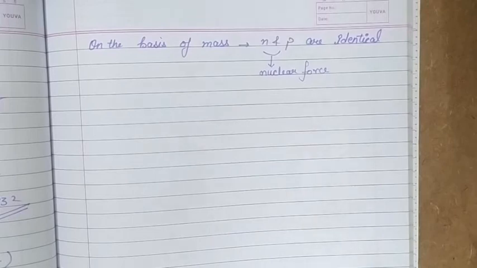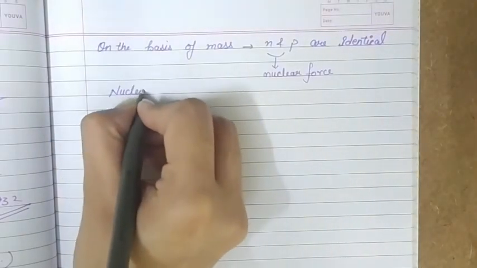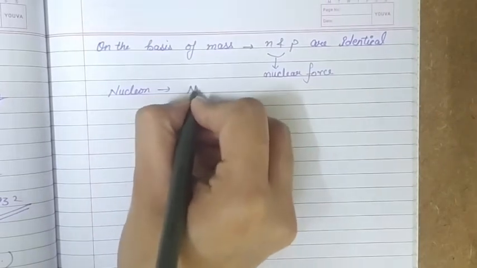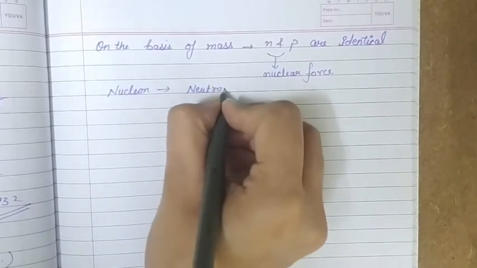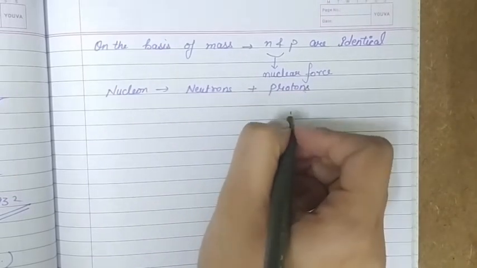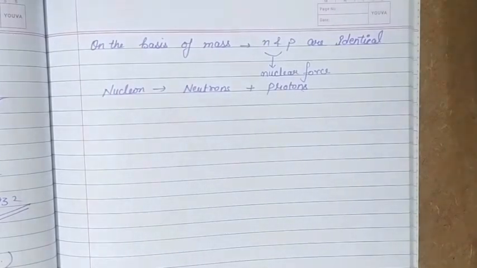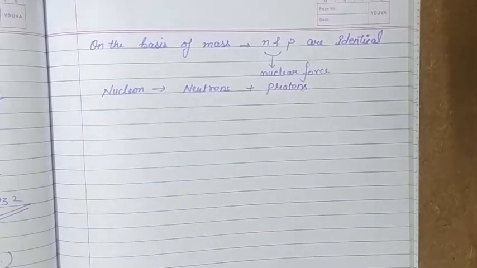That's why neutrons and protons have a common name, and collectively we call them nucleons. So if we say nucleon, it means neutrons and protons both. Since they are identical on the basis of mass and nuclear force, we can't distinguish them. That's why we give them a common name: the fundamental particles present in the nucleus, either neutron or proton, we call a nucleon.